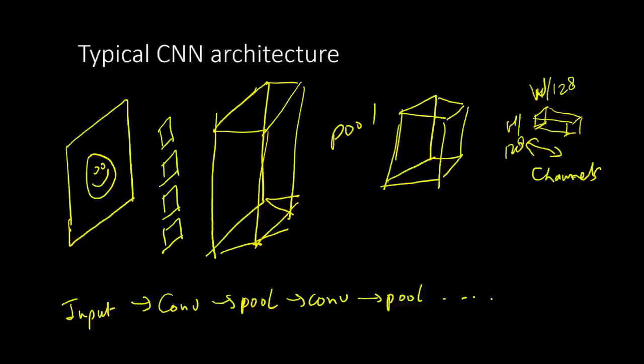Because you cannot do that, you will just take this 3-dimensional tensor, stretch it out and make it into a 1-dimensional vector of size h by w times whatever the number of channels. After this we will have fully connected layers, just like a regular neural network, and the final layer will give you the classification or whatever regression that you want to do. So this will be fed into a fully connected layer.